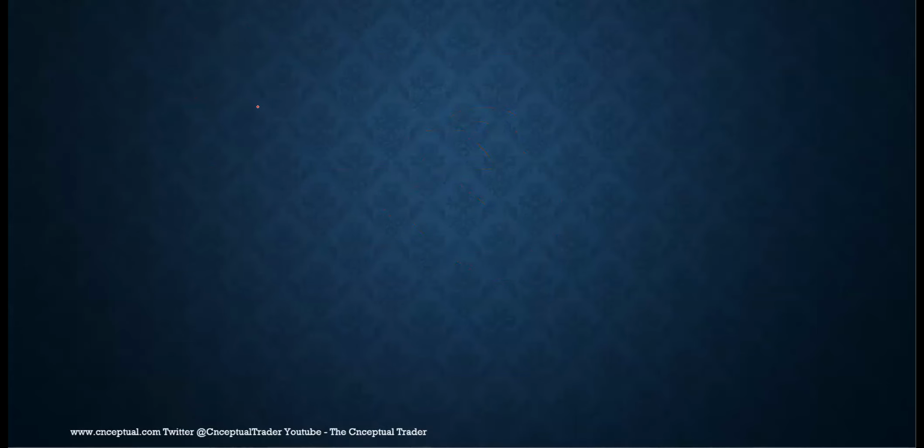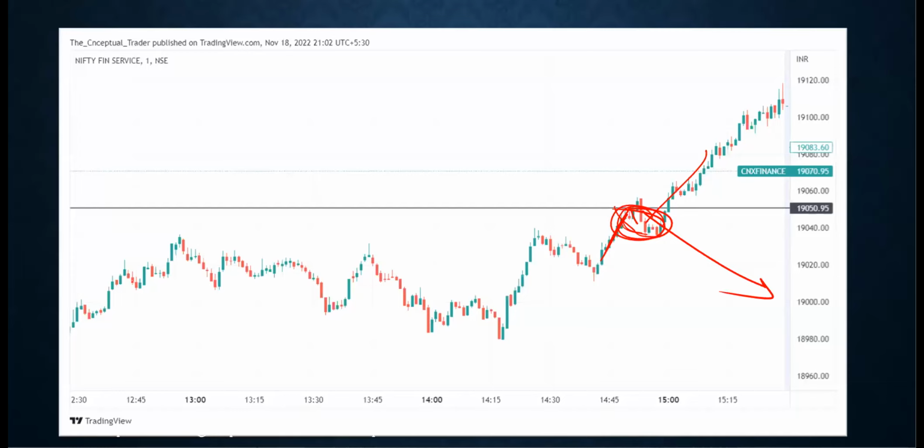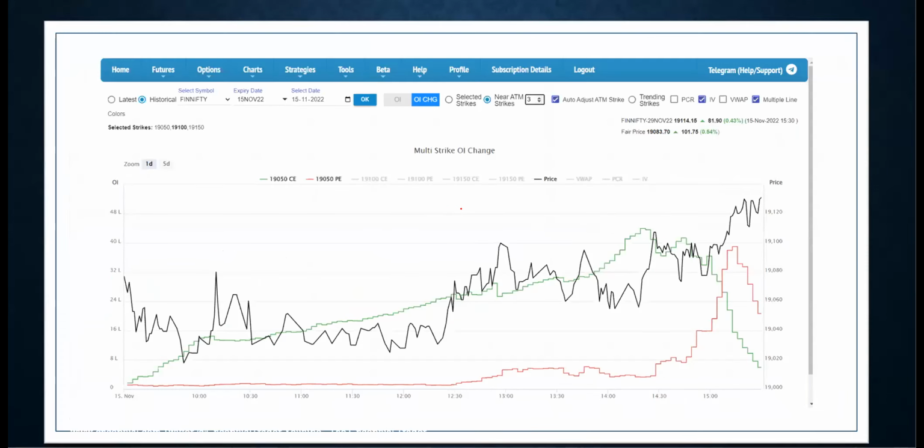Now you will have to see this very carefully, guys. You can see this is 19050. At this level FinNifty was staying for some time. Here you have to see, because I did not take the screenshot from Zerodha.